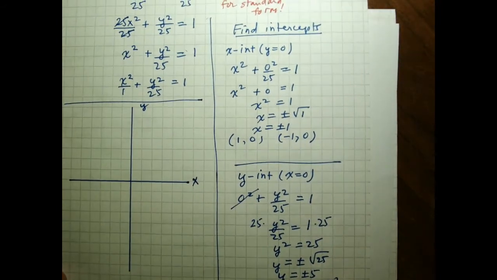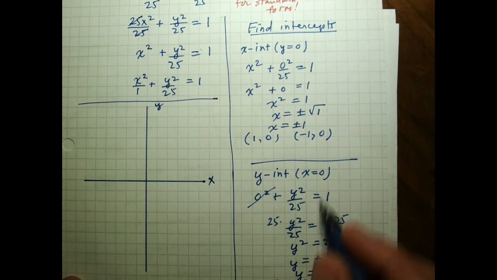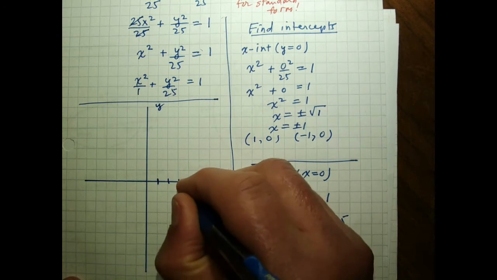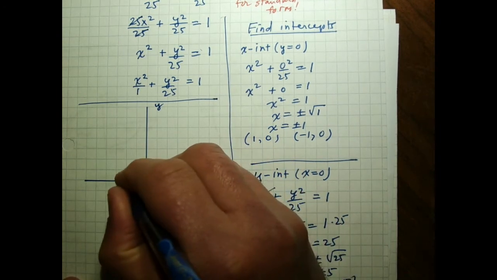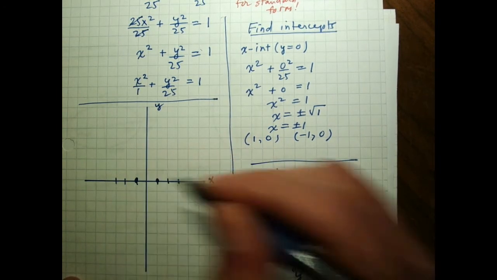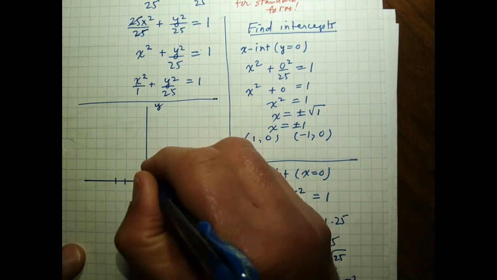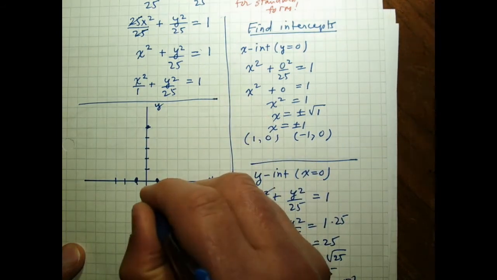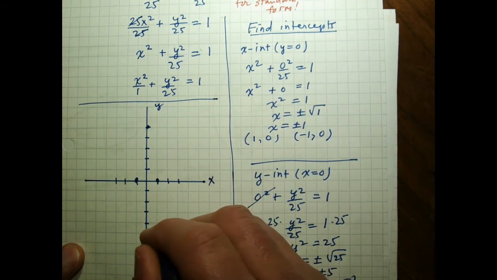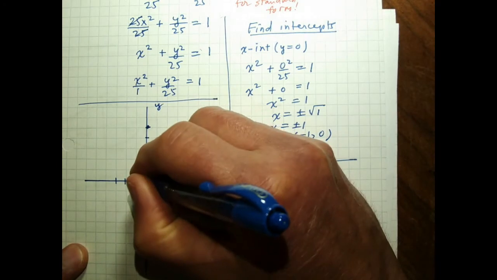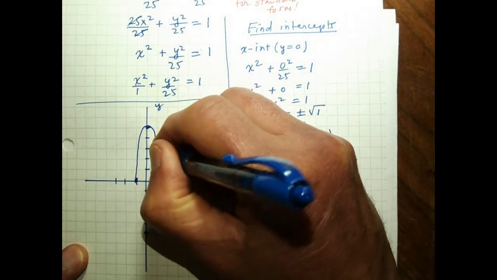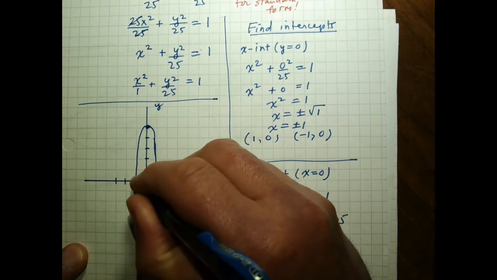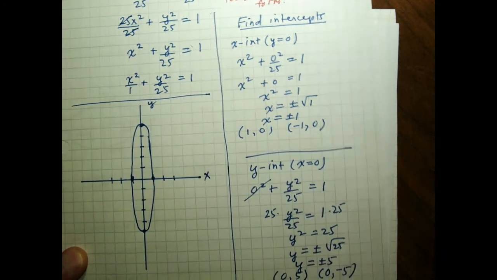Now this is sort of a funny looking one because my x-intercepts are just at 1, 0, and negative 1, 0, right? My y-intercepts are 5 units up and 5 units down. So I have this really elongated ellipse here. Elongated in a vertical sort of way.